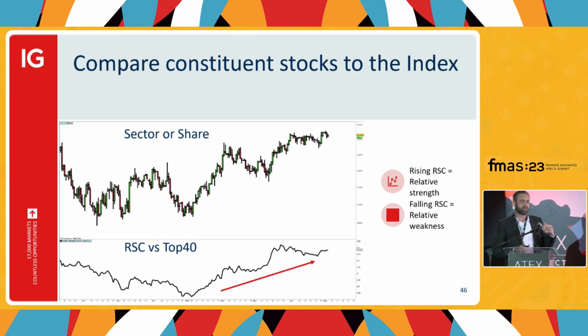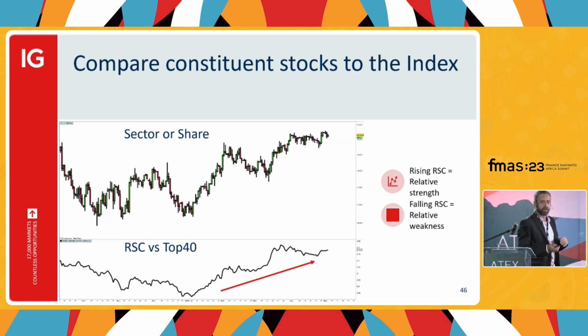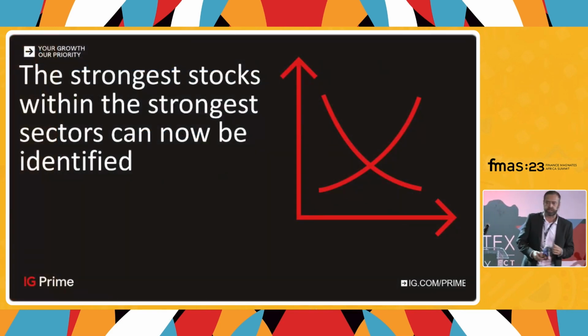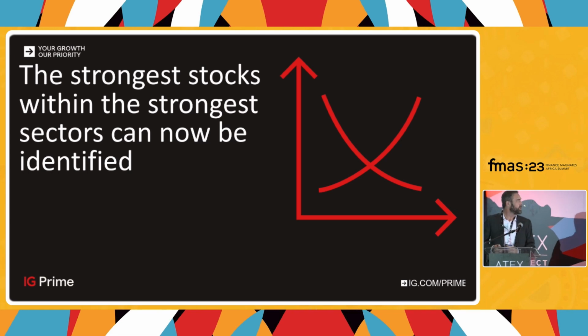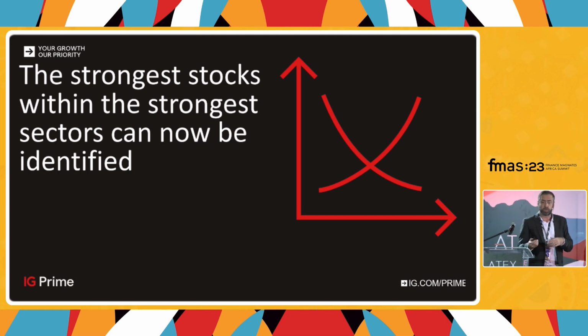We run through the list of securities, comparing them all to that index, and eventually you will have identified the strongest stocks, or the strongest sectors, or the strongest stocks within the strongest sectors within that particular market.